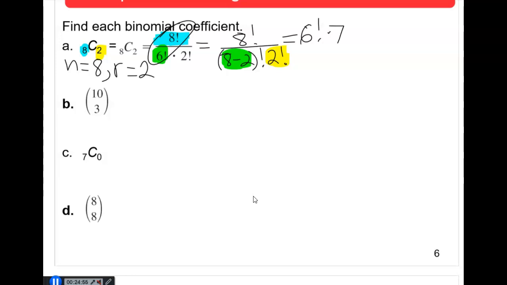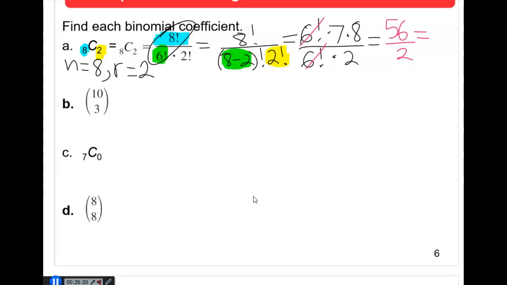The reason we want to do that is so that we can cancel the 6 factorial on the top with the 6 factorial on the bottom. And then we have 2 factorial, which is just 2 times 1, which is 2. So right here, 6 factorial over 6 factorial is equal to 1. 7 times 8 is equal to 56. And then we have a 2 on the bottom.